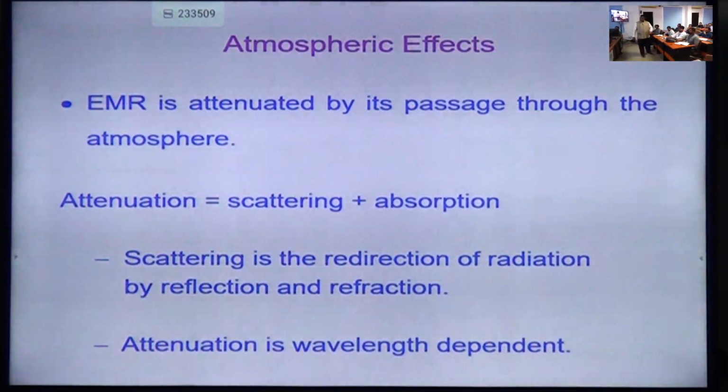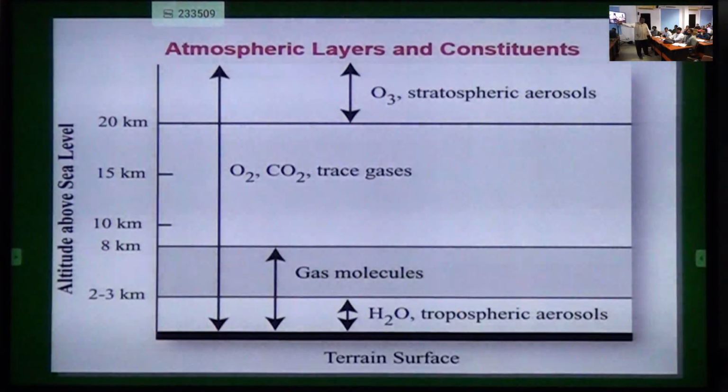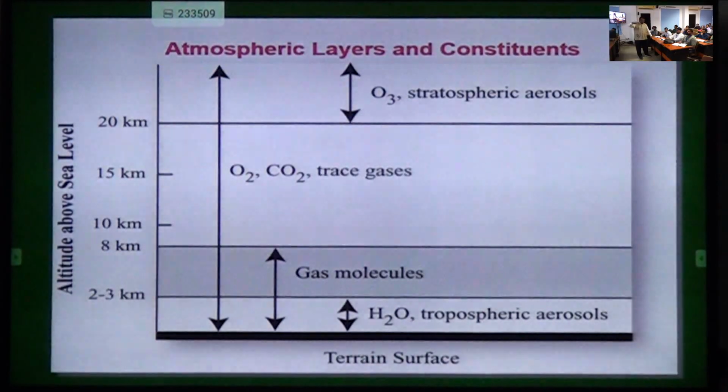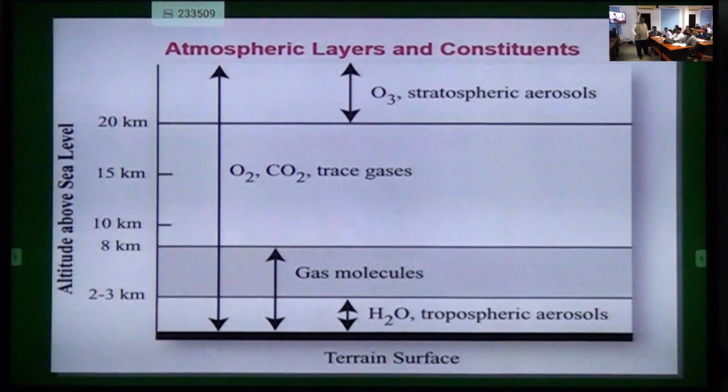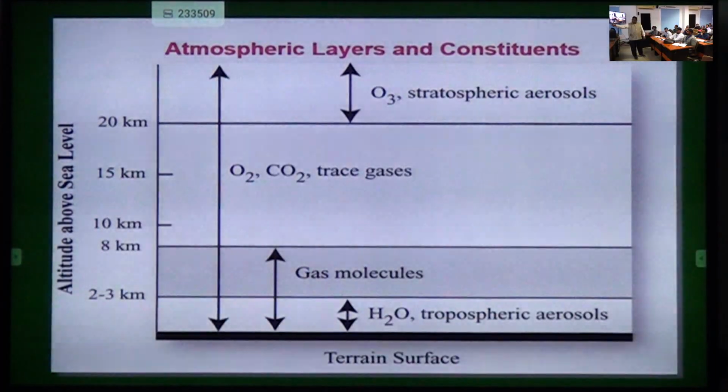And finally it reaches the sensor, so there will be some reduction. What may be the reduction? That is by scattering and absorption. These are the two reductions. Transmission is always there. So scattering is the redirection of radiation by reflection. Attenuation is wavelength dependent.